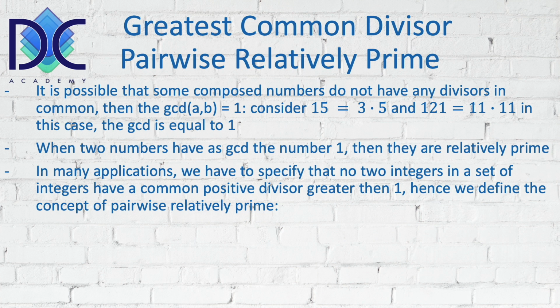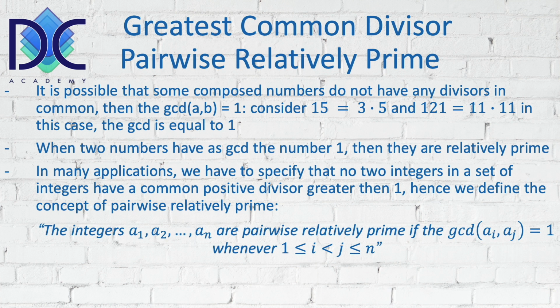Now, in applications, when we have a set of integers, we try to find those integers that have a common positive divisor greater than 1. So it's important to define the concept of pairwise relatively prime.